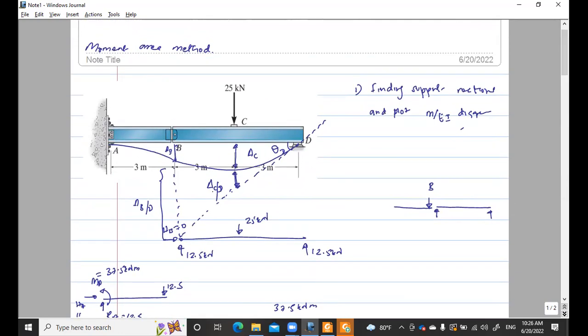we can find delta CD, that is the tangential deviation from C to tangent D. And we know that we can't find anything with this because we don't know delta C. So what we did, we extended this curve. If we can find this value, this is going to be half of that.